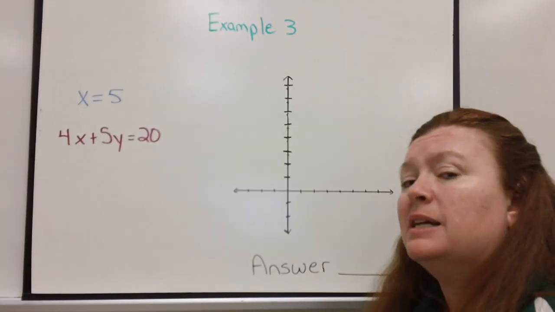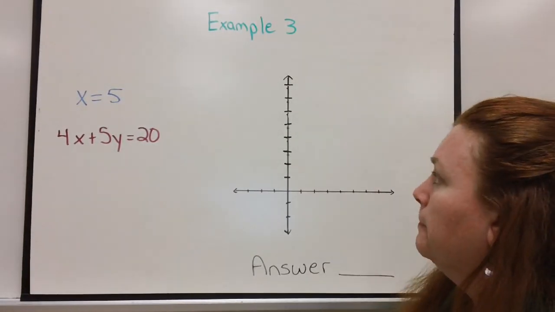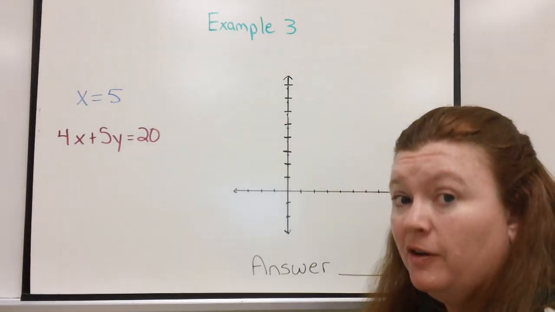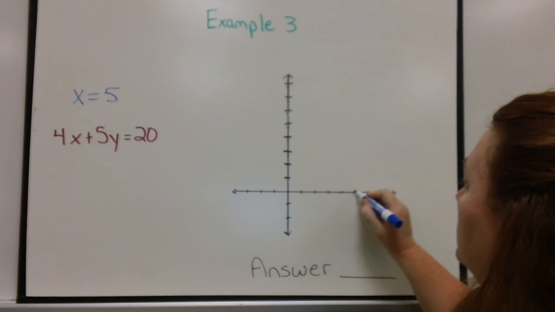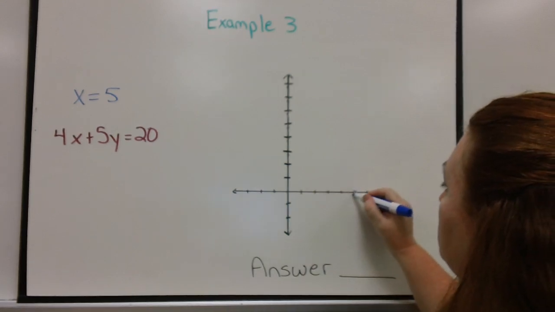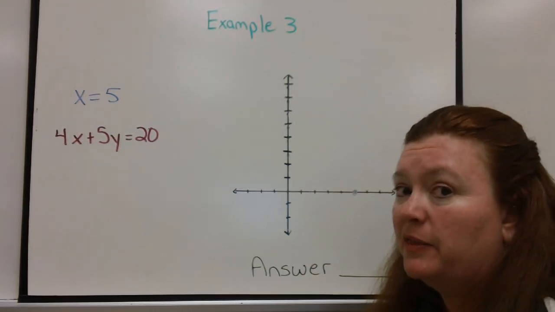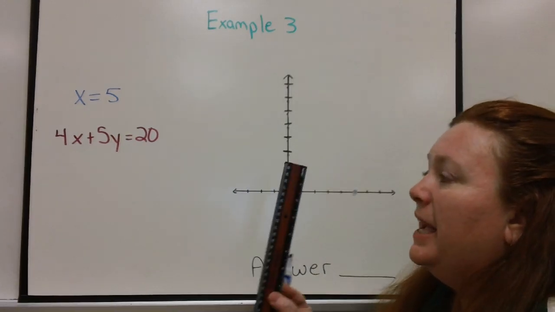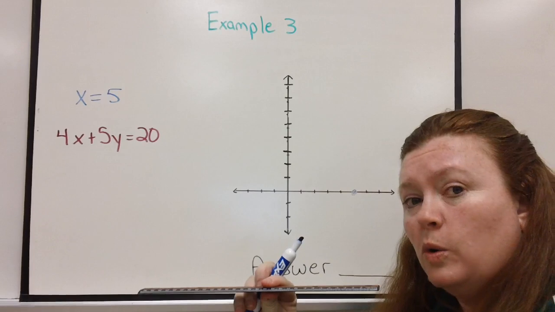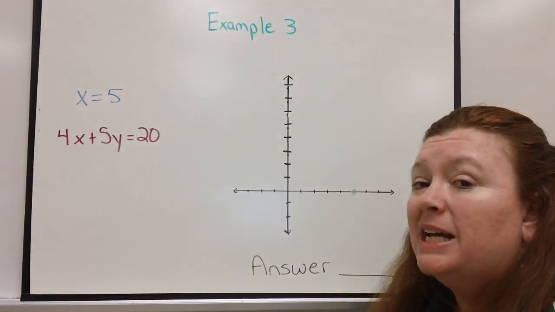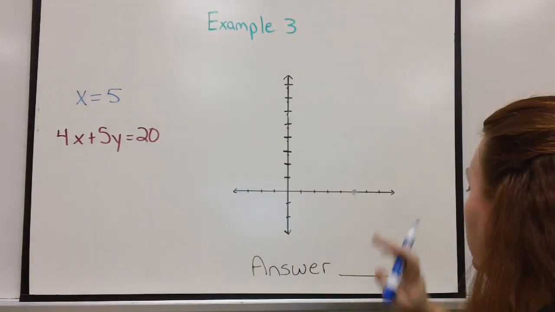How do I graph x equals 5? Well, I'm going to put a dot at 5 on the x-axis. 1, 2, 3, 4, 5. And if you remember, we talked about this in class. x equals 5 is either going to be a vertical or a horizontal line. Now, x equals reminds you of the x-axis.